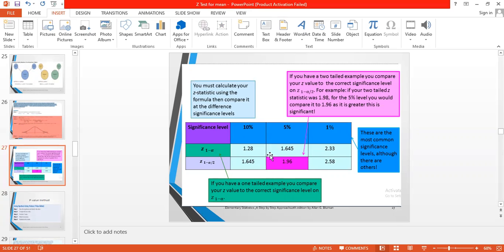These are the common significance levels which are used. For example, if your two tail z statistic was 1.98 for the 5% level, you would compare it to 1.96, and as it is greater, it is significant.